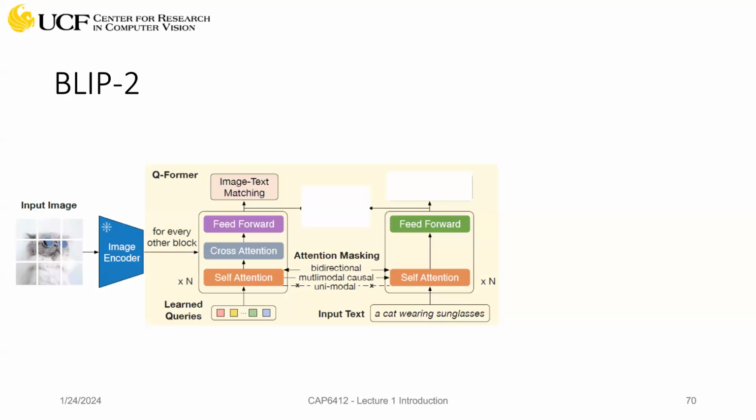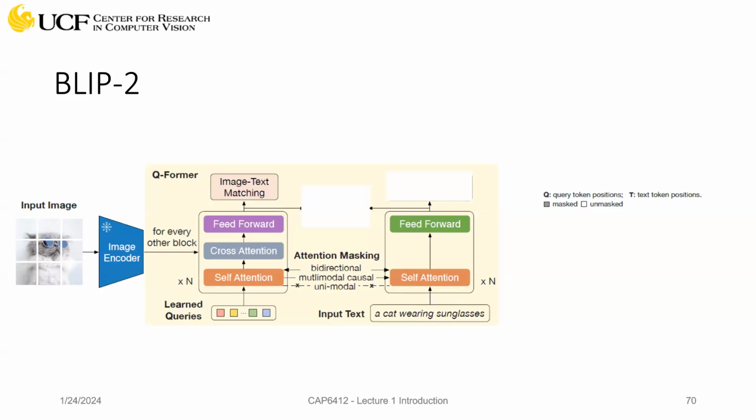Now, one loss is image-text matching. If the image and text match, we say 1; if not matching, 0, just binary. For that loss, we are going to explain the attention we use, because this is the cross-attention.